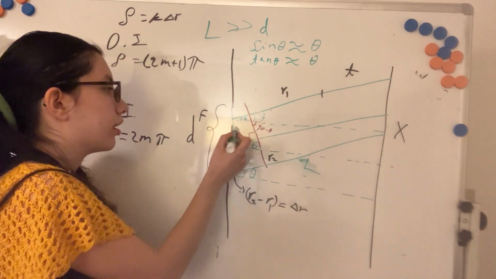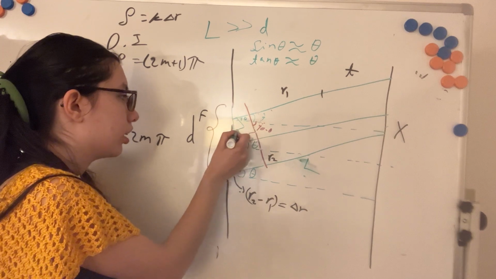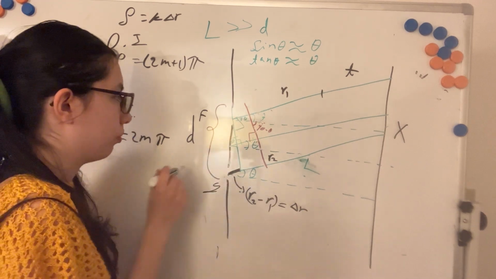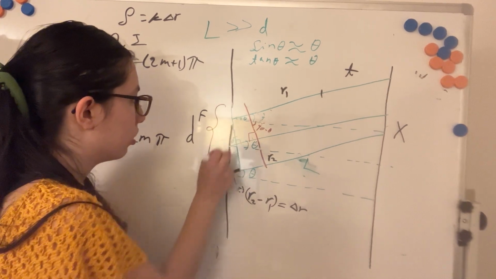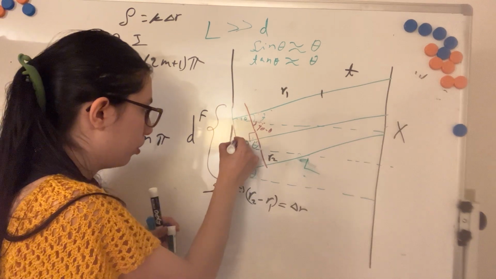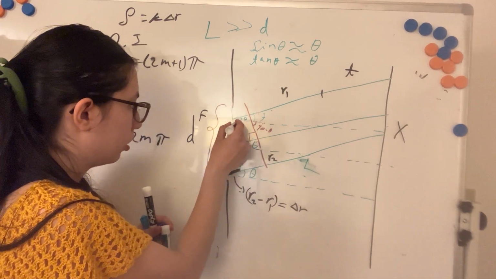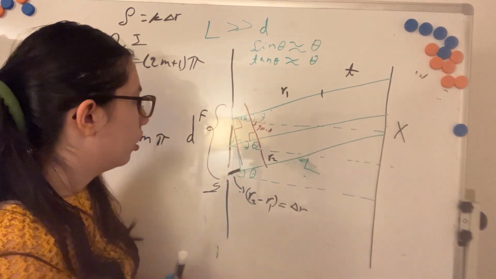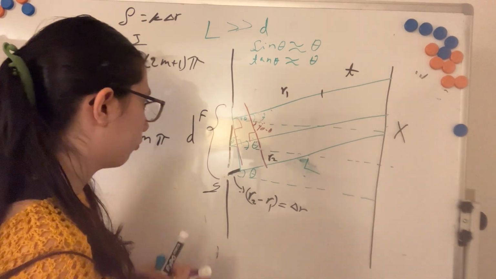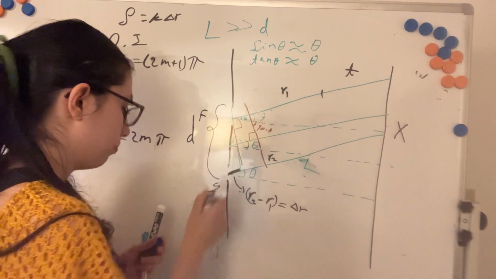Sorry, I mean that here we have a 90 degree angle, but not between this one and the black one. It's the two greens, or I think I should have drawn it in purple. Here we have a 90 degree angle. So here we have theta.